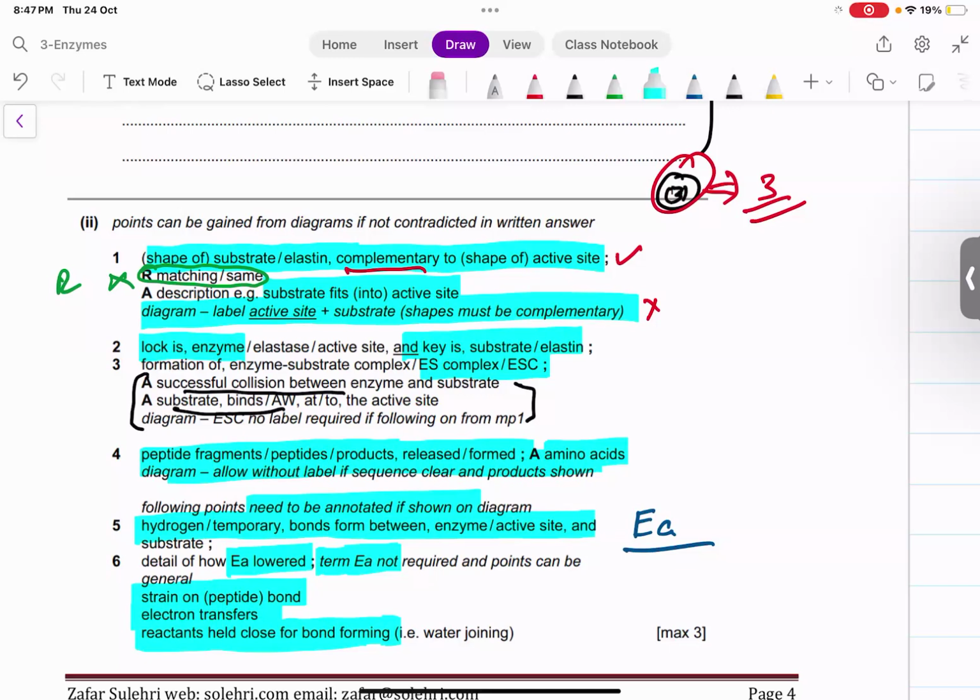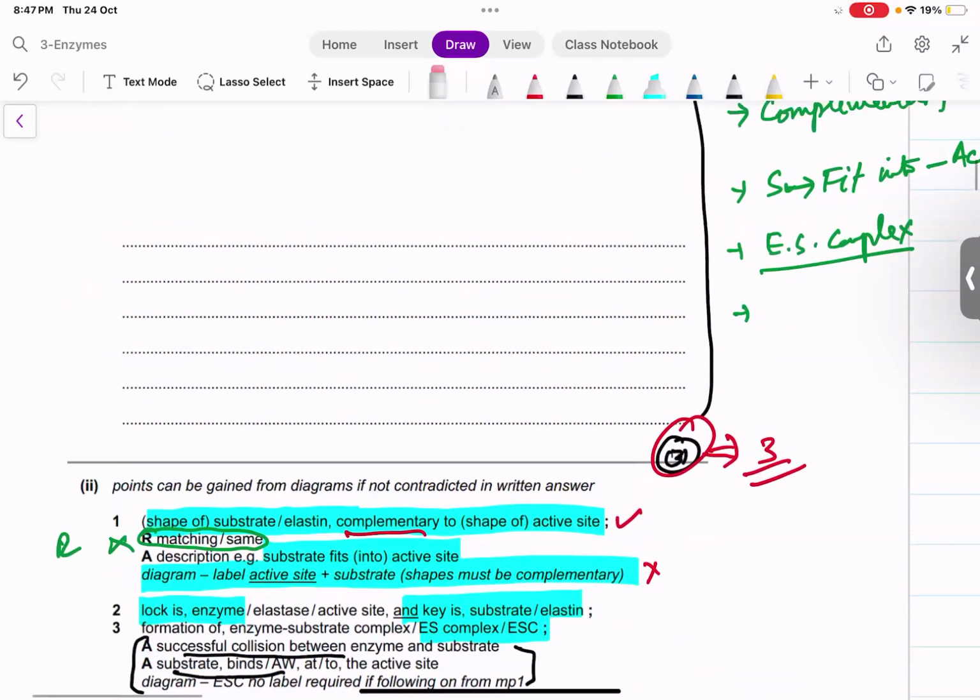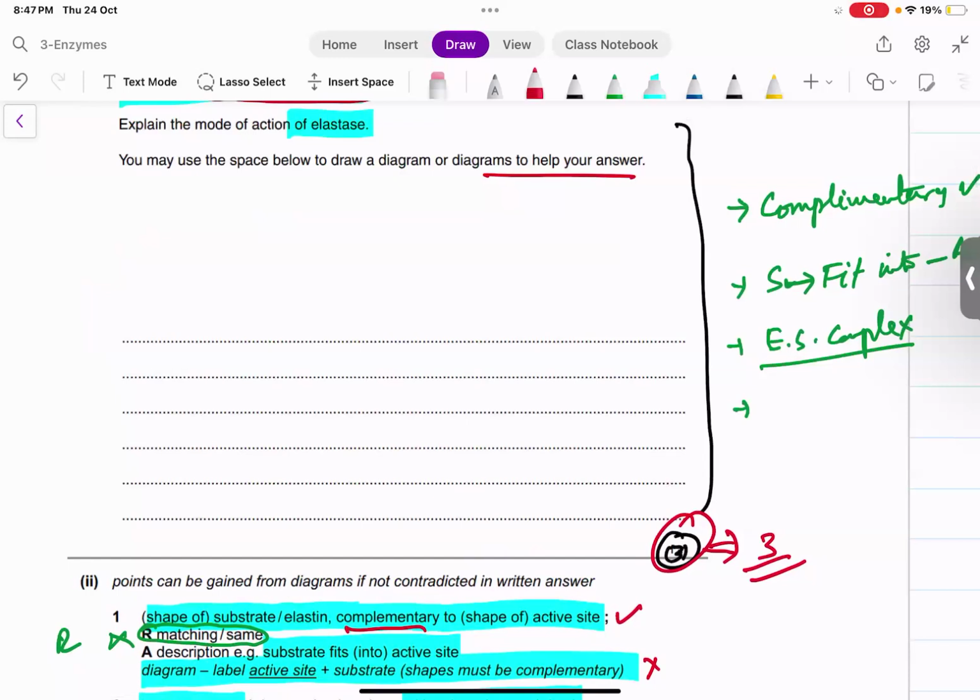So there are 6 points, and out of these 6, you can write any 3 of them. And try writing short statements, and instead of writing longer phrases, you should use short sentences.